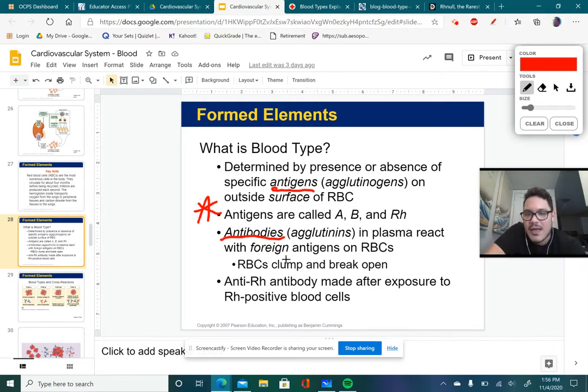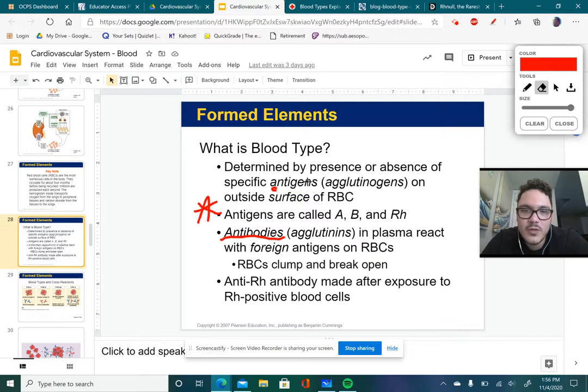Sounds good. Now, this last bullet here is more so referencing how the anti-RH antibody is created. It has to be after you've been exposed to RH positive blood, which normally doesn't actually happen. But this could be a problem for pregnancy, and we'll explain that a little bit later.